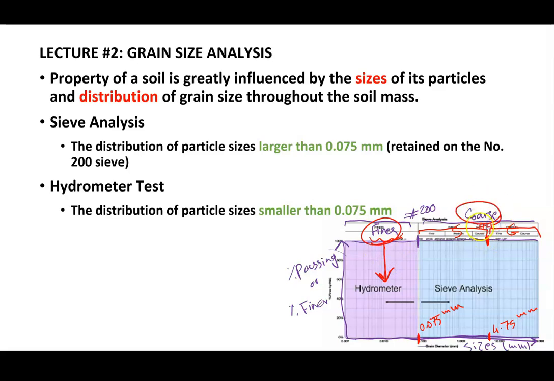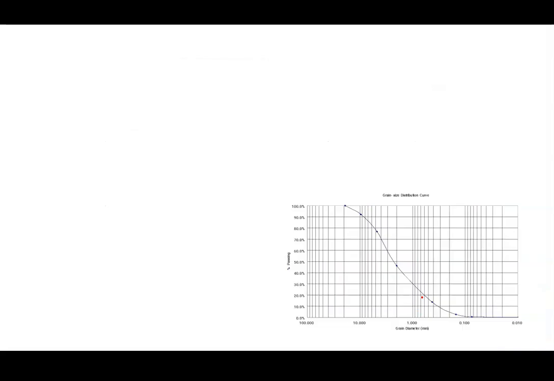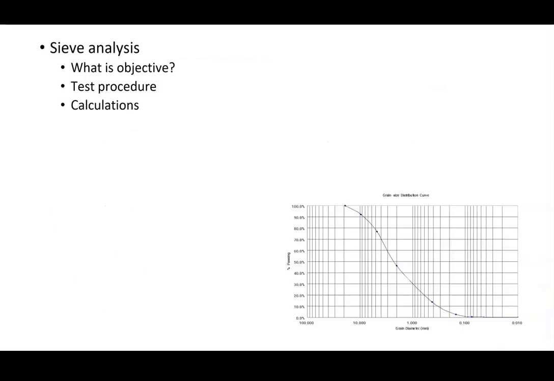For coarse material, we do sieve analysis. So you need to know what is the objective, how we do the test, and you need to be familiar with all the required calculations.